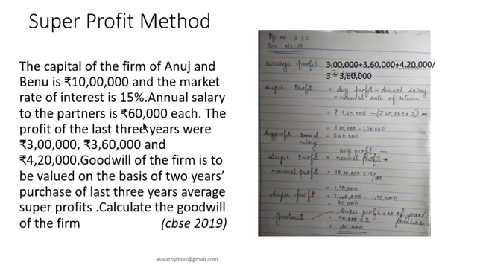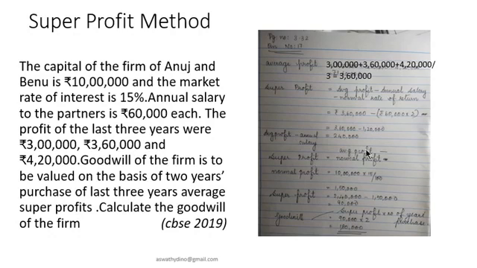If partners' remuneration is not deducted, we should deduct it. There are two partners, Anuj and Benu, 60,000 each. So 1,20,000 salary we should deduct from average profit. So 3,60,000 minus 1,20,000 is 2,40,000.